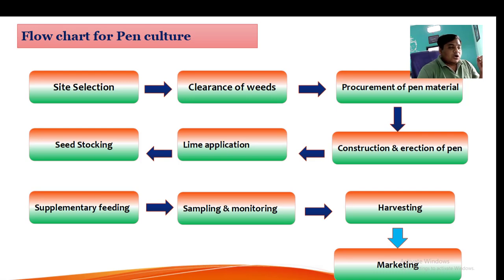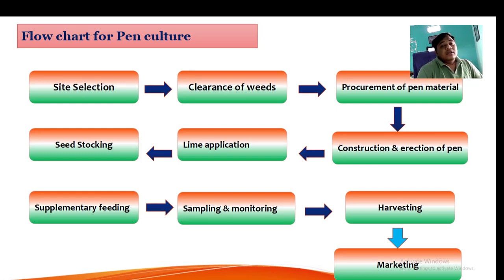Depending on their ecological niches and feeding habits, you have to select the feed for the fishes. So the next is the supplementary feeding, in which you feed the artificial food to the fishes.